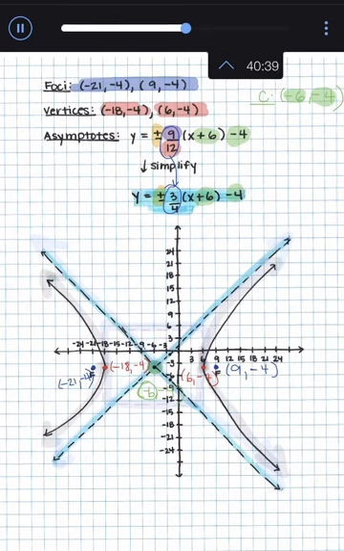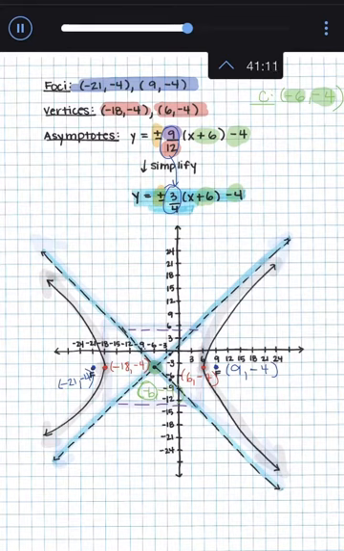Well, the 9 tells us that we would go up and down on the y-axis, 9 from the center. So we were at, let's see, negative 4. So going up 9 would put us right around 5. And going down 9 would put us, if we were at negative 4, right around negative 13.